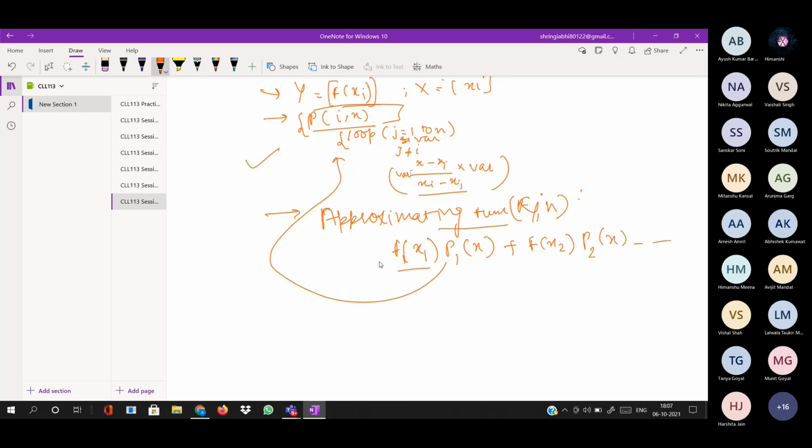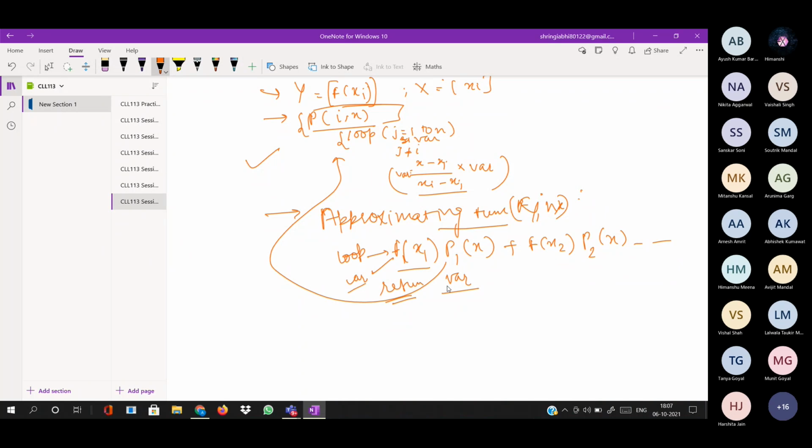You calculate this. This will be calculated by using a loop, and you have to return the value of x after this. Return this variable after summing up the whole thing. This variable you have to return, which will be the approximated value. Like you have to take as input the value which you have to approximate.